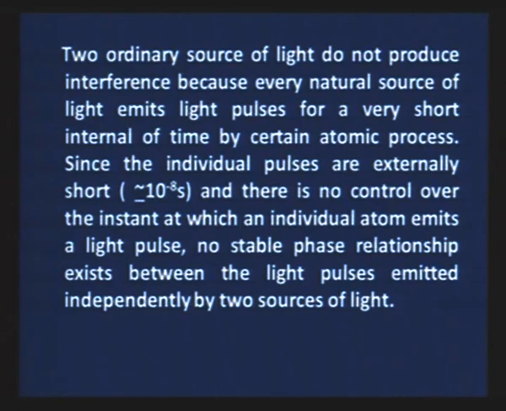So, there is no control over the intensity or over the instant at which an individual atom emits a light pulse, and no stable phase relationship exists between the light pulses emitted independently by two sources of light.